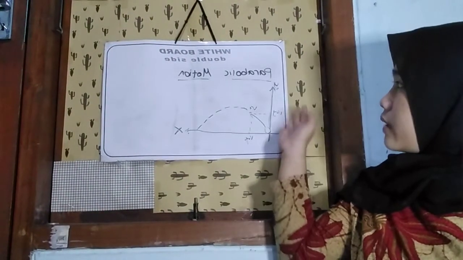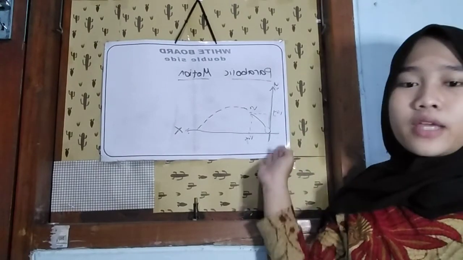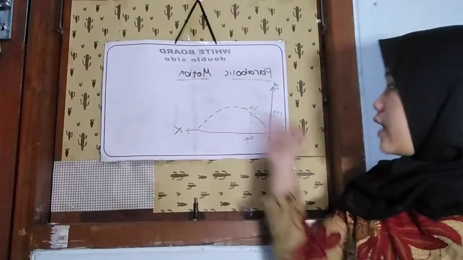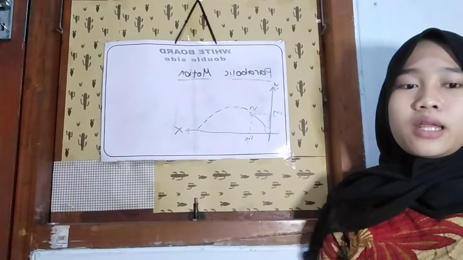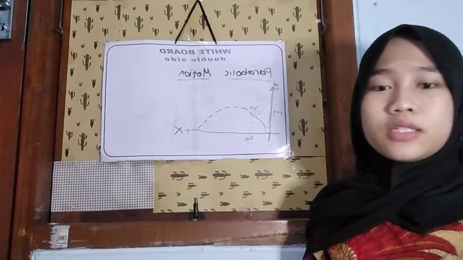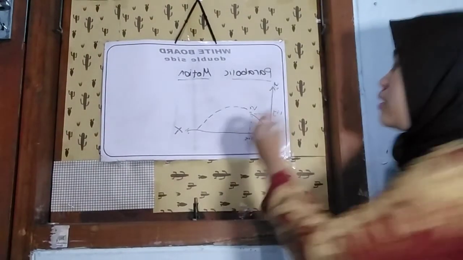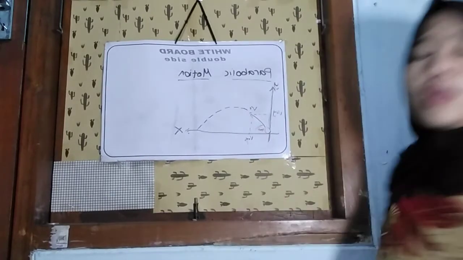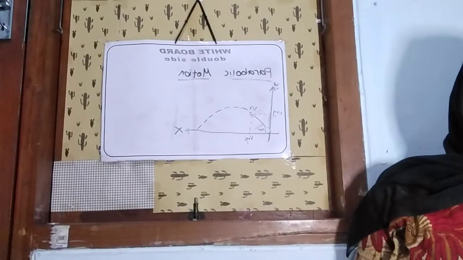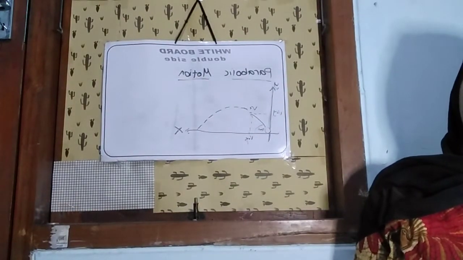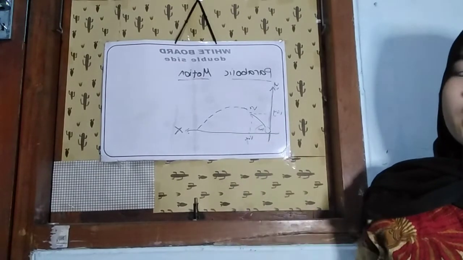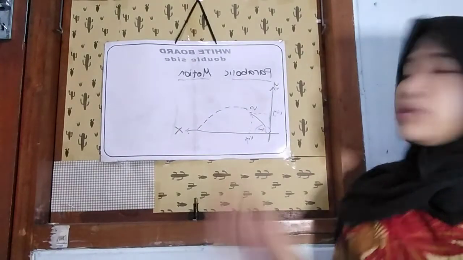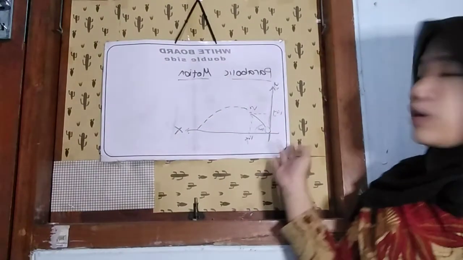Here I have a parabolic motion graph. This parabolic motion has an initial velocity with an elevation angle alpha from the horizontal line. This initial velocity will then be influenced by the acceleration of gravity. Suppose the ball is given a velocity of v0.